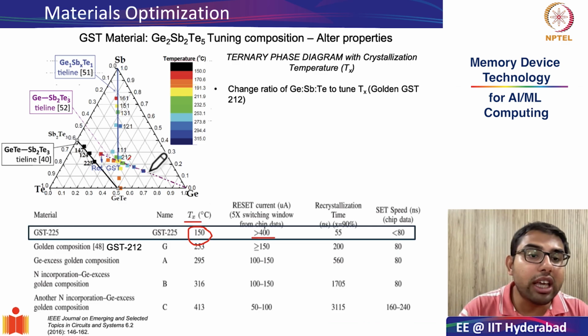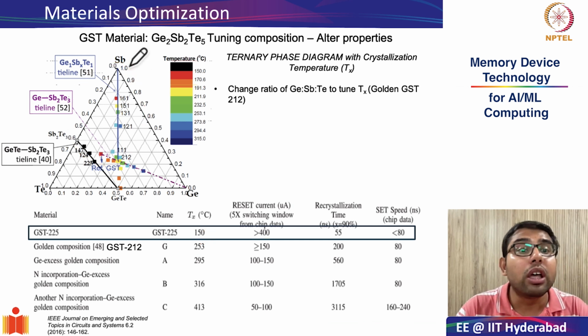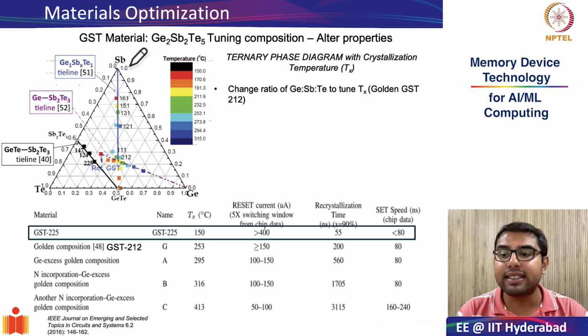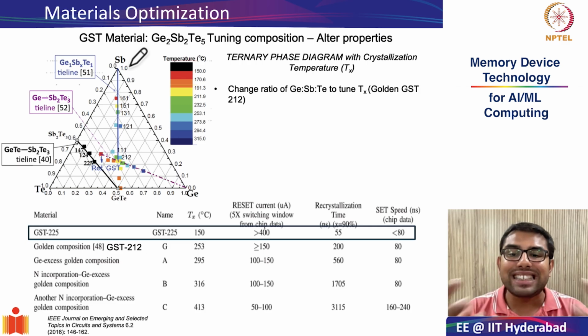As you can see from this diagram, the ternary phase diagram of GST basically indicates what are the equilibrium phases and stable compositions that can be formed by mixing germanium, antimony and tellurium in different proportions or stoichiometry.